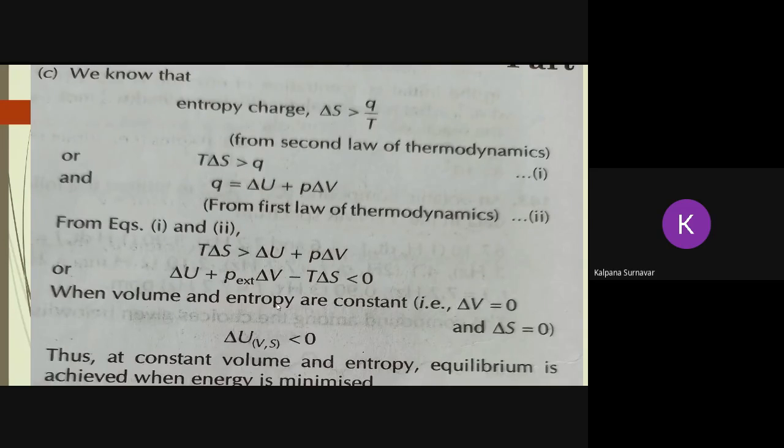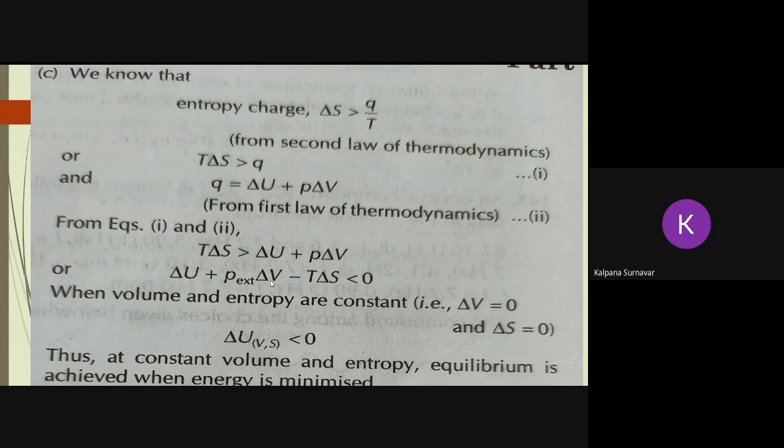When volume and entropy are kept constant, that means obviously delta V is equal to 0 and delta S is equal to 0. When these two terms are 0, obviously the equation becomes delta U less than 0. Just put delta U plus P external delta V minus T delta S less than 0.